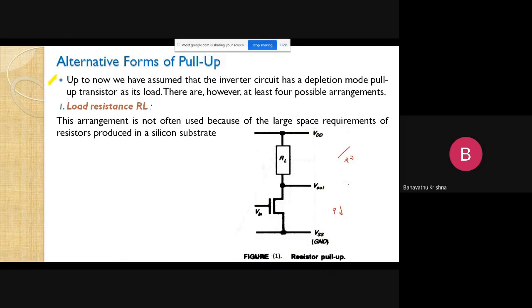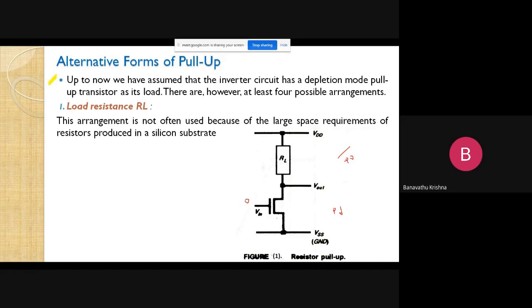So here I can use a resistor as a pull-up device, and an NMOS enhancement mode device is used as a pull-down device. Now I'm going to discuss whether it is going to perform as an inverter or not, right? So let us see, here the input is 0.